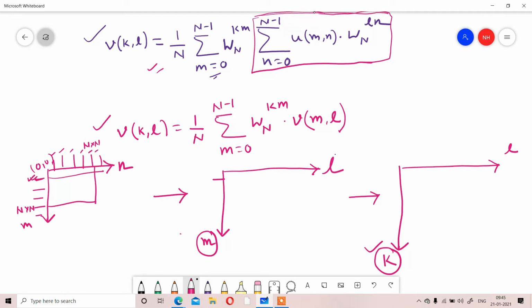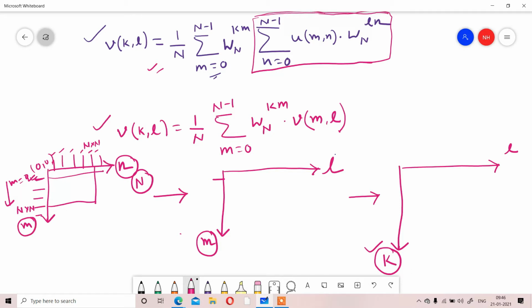Okay, so what is the computational complexity then? For one row, n number of computations is happening. For m equal to 0, suppose you have total capital N number of small n, so capital N computations are happening. You have total N number of m values.